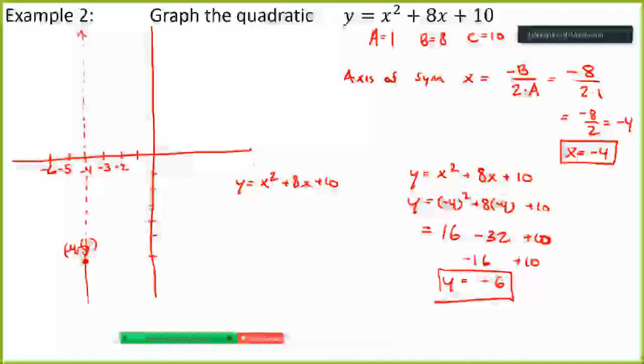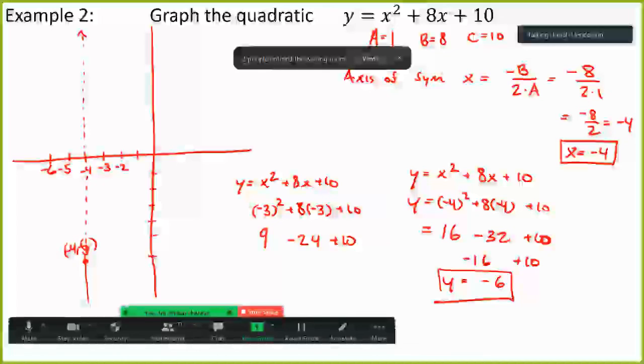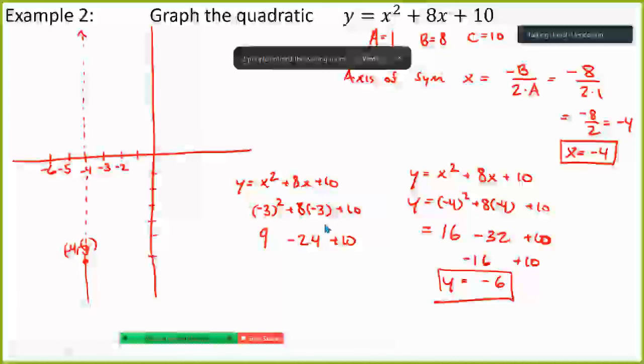Starting from the beginning, let's plug in -3. Okay, -3 squared gives us +9 minus 24 plus 10. 9 minus 24. That's tricky. I'm going to do that on my calculator. 9 minus 24.